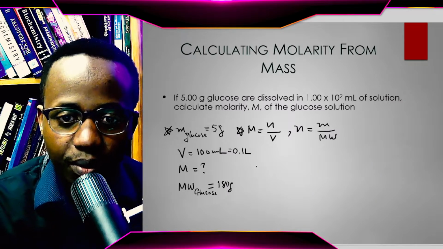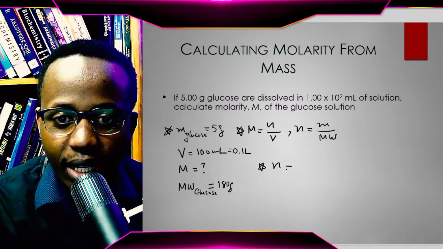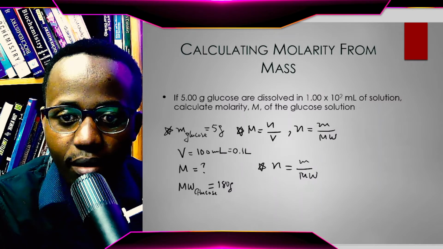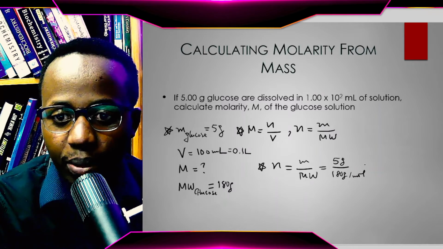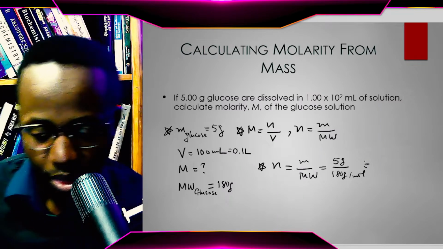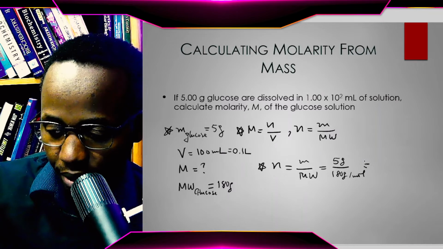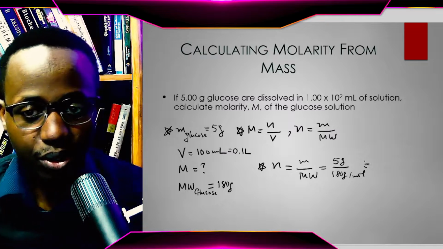So all we have to do now is substitute, starting with N. N is equal to mass over molecular weight. This is equal to 5 grams over 180 grams per mole. That's the molecular weight. So 5 over 180 is equal to 0.027.